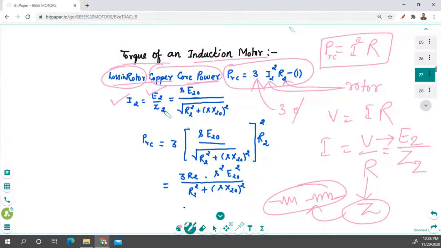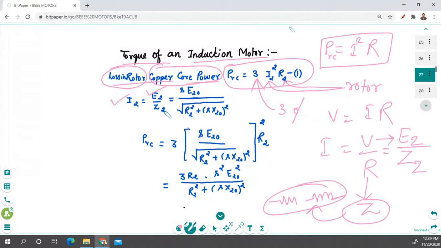We know that this secondary EMF, or rotor EMF, is equal to S into E20. What is S? S is the slip, and E20 is the EMF across the rotor side.